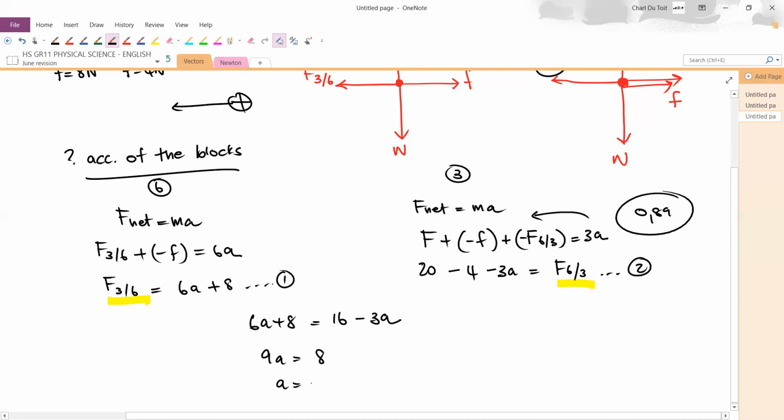A equals 0.89 meters per second squared left. 9A equals what? 20 minus 4, 16 minus... that means it's 12. That means A equals... oh yes, it's 8, sorry. Acceleration is equal to 0.89 meters per second squared to the left.